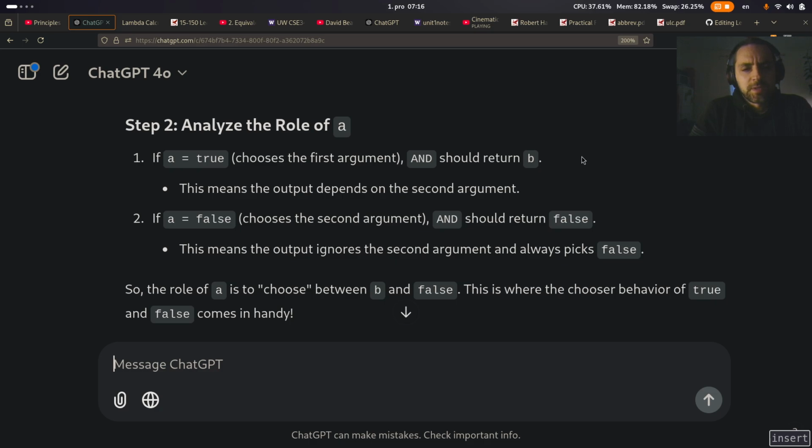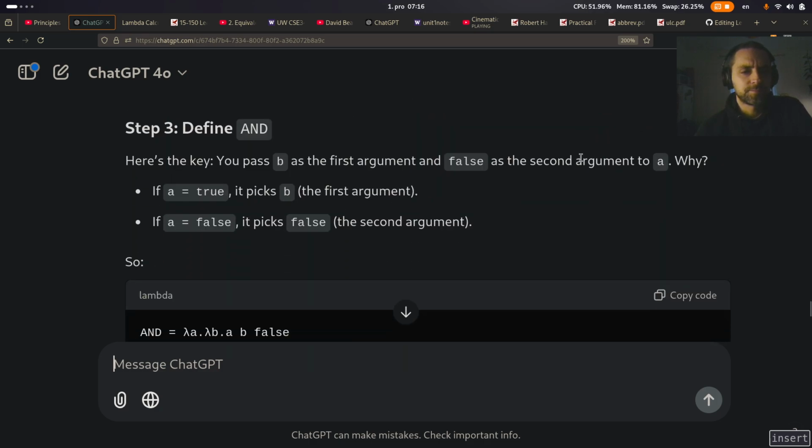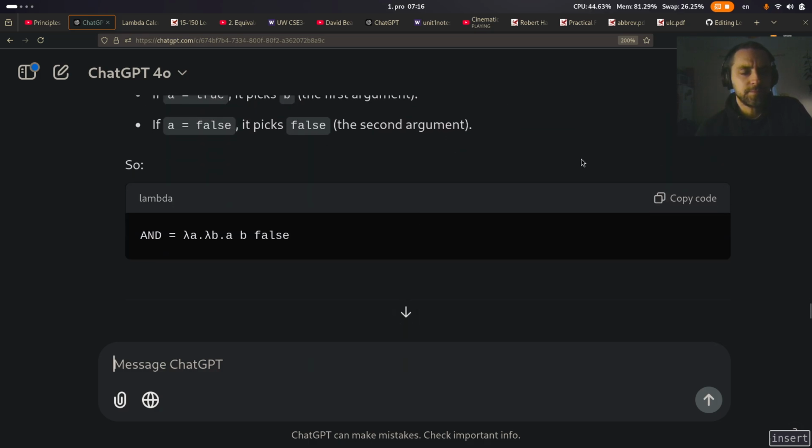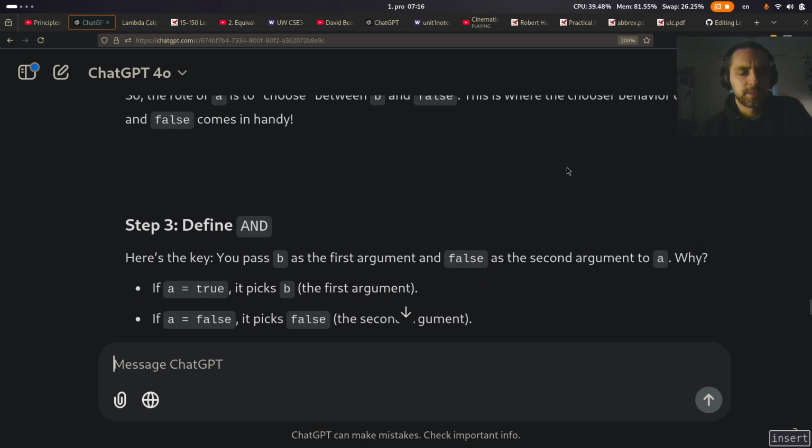If A is false, it chooses the second and should return false. This means the output ignores the second argument and always picks false. So the role of A is to choose between B and false. This is where the chooser behavior of true and false comes in handy. Here's the key. You pass B as the first argument.